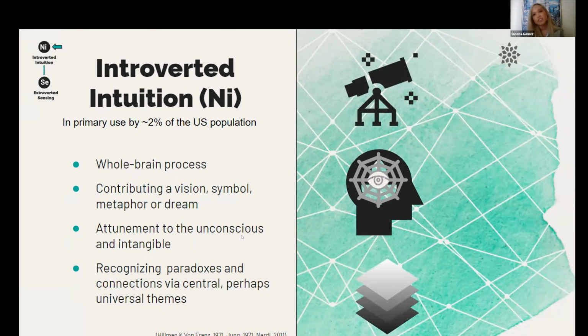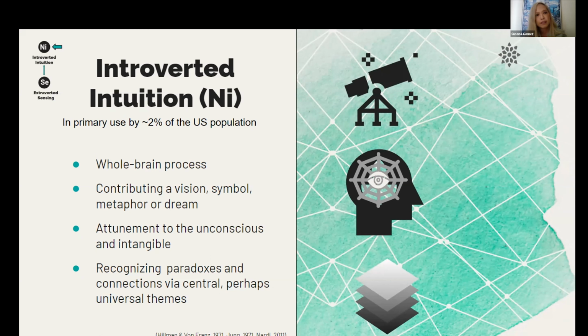On the other side of the axis from extroverted sensing is introverted intuition. If we were engaged in introverted intuition as a cognitive process, we would be harnessing our entire brains rather than confining ourselves to established pathways.